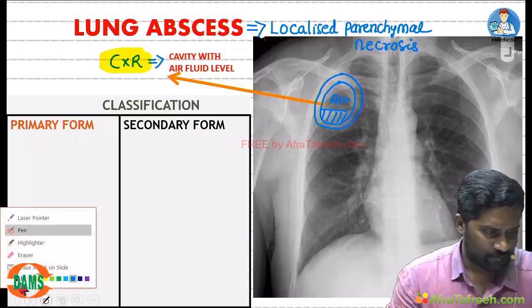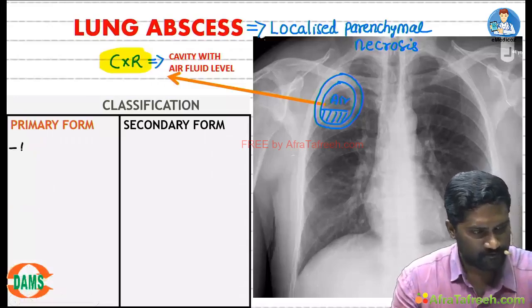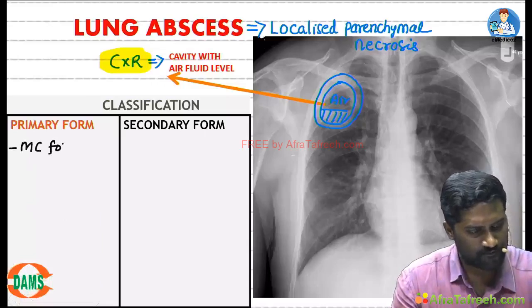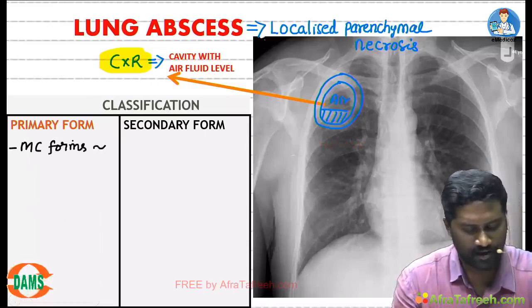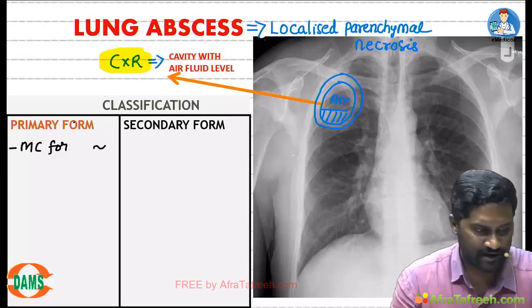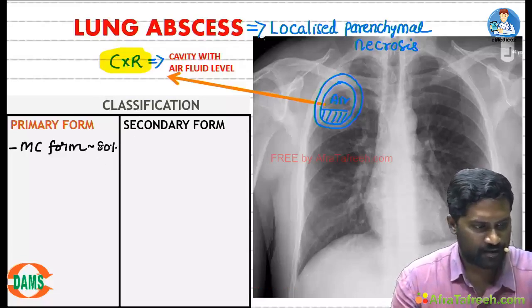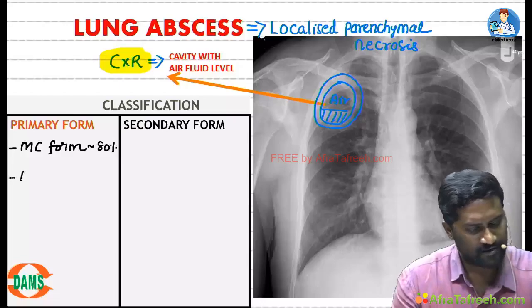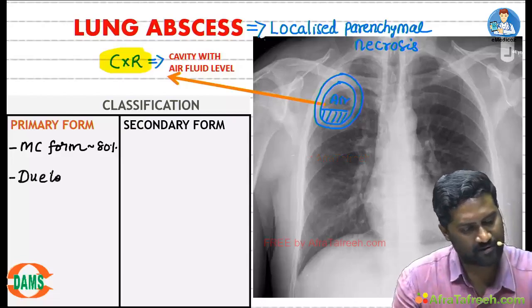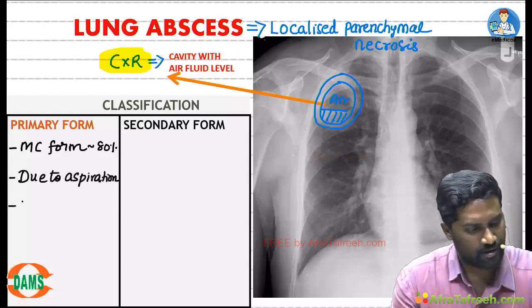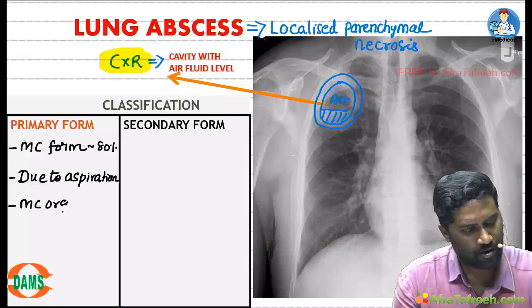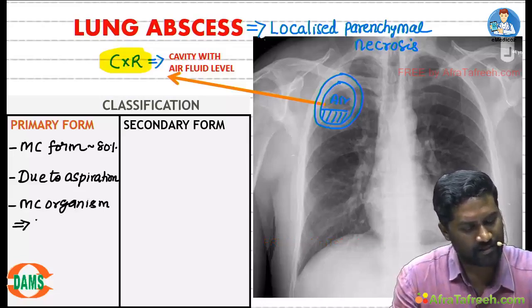Coming to the classification, primary form. This primary form is most common form, happening in 80%. If I see 100 lung abscess cases, 80% of the cases will be primary form, and this primary form is generally due to aspiration. Because it is happening because of aspiration, most common organisms in primary form will be those residing in the oral cavity.